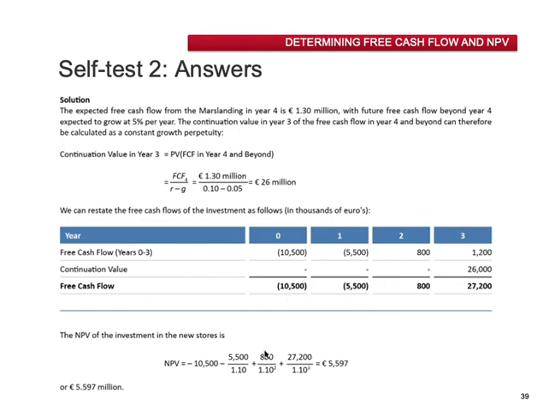And then the third cash flow is 27.2 million, and that value we discount 3 years back, so we get 27.2 million divided by 1.10 to the power 3. All together, we have an NPV of 5.597 million.